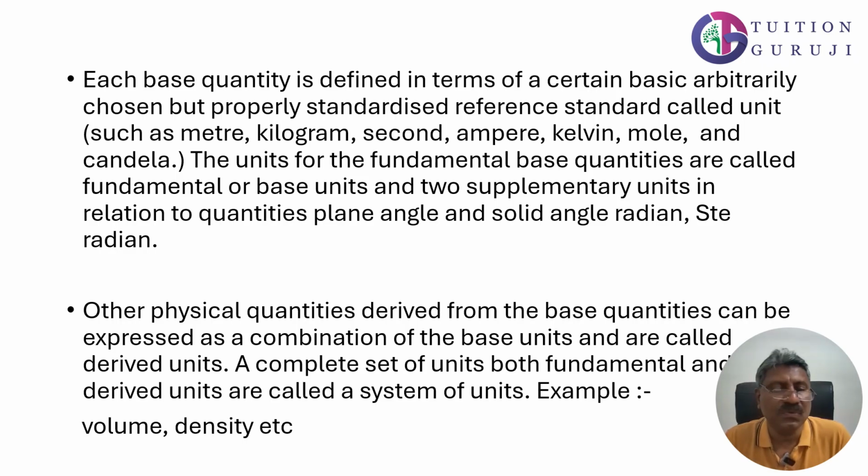Density is mass per volume. Mass is a fundamental unit, whereas volume is a derived unit. So using one base unit and one derived unit, you get another derived unit. Like that, it goes on.